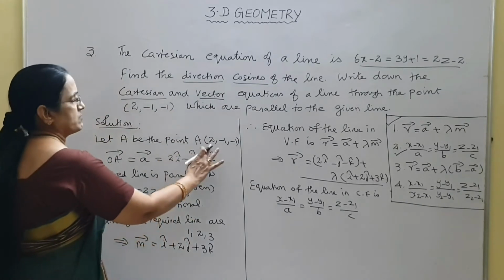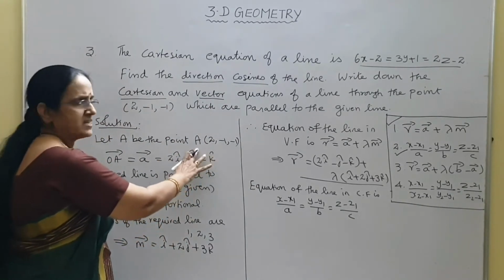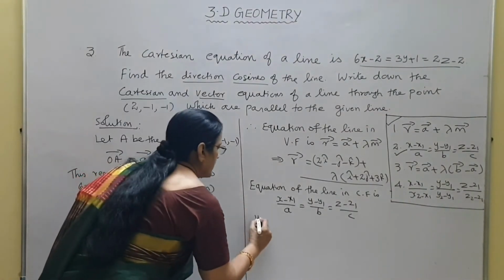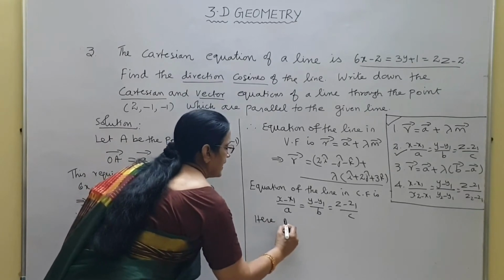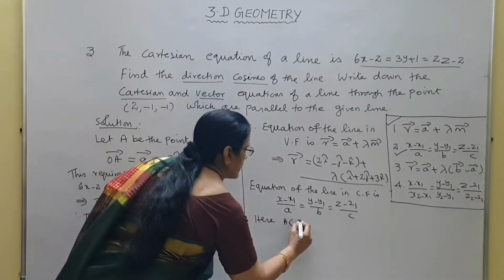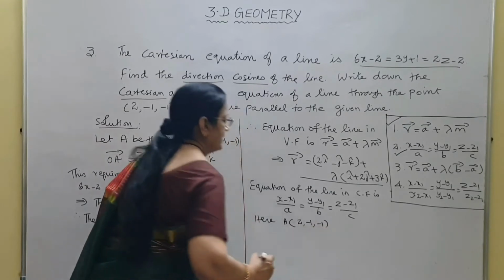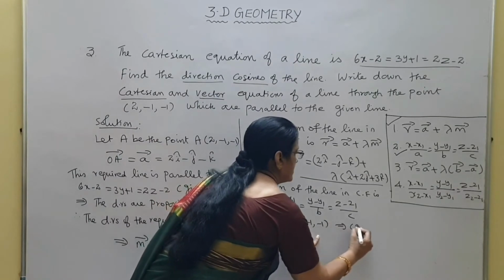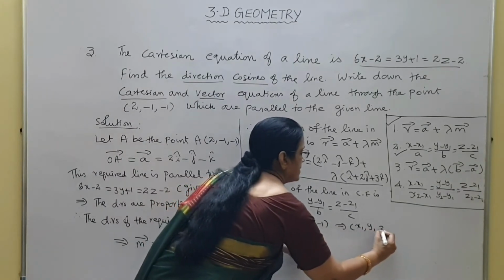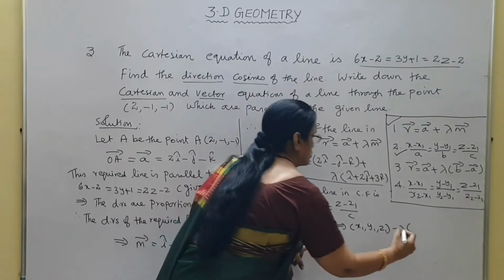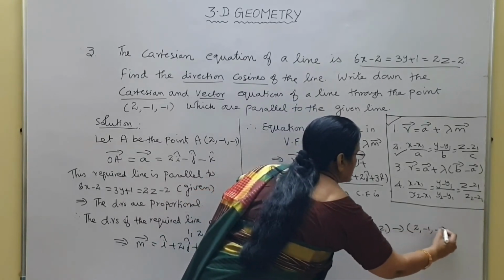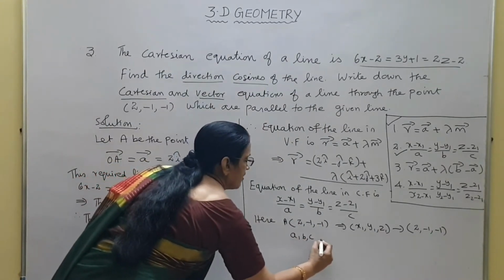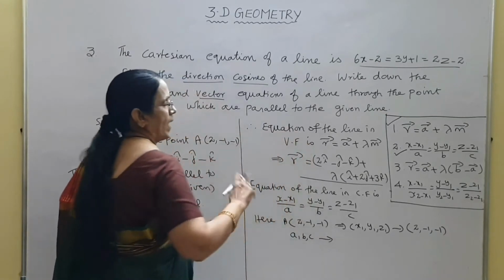Here your x1, y1, z1 is nothing but the point A, that is our assumption. That is 2, minus 1, minus 1. So, here the point A is (2, minus 1, minus 1). This is your x1, y1, z1. And the DRs A, B, C are nothing but 1, 2, 3.